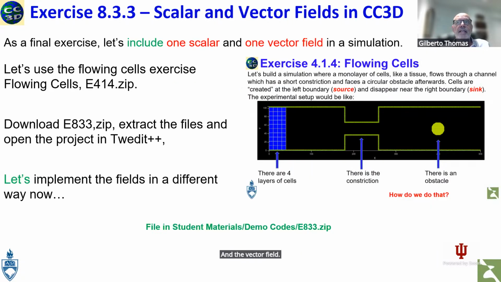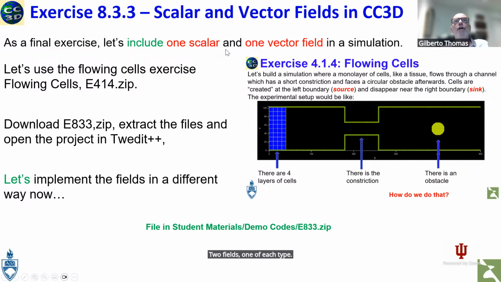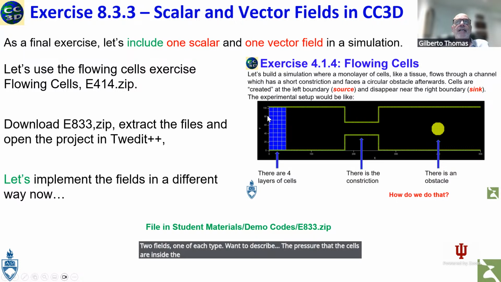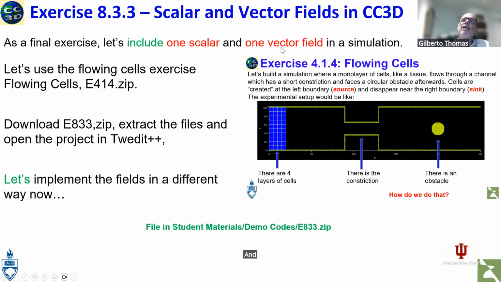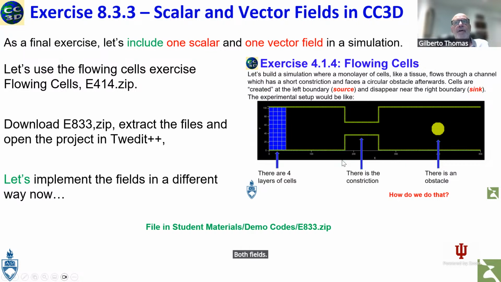The thing is that in this example, I'm going to create two fields, one of each type. One to describe the pressure that the cells are under inside the channel, and the other, a vector field to describe the velocity of the cells inside the channel. Both fields we are going to see in two different windows briefly.